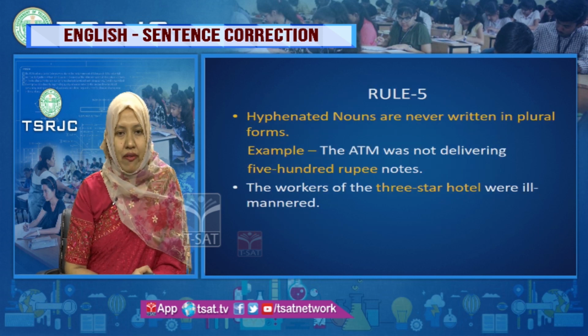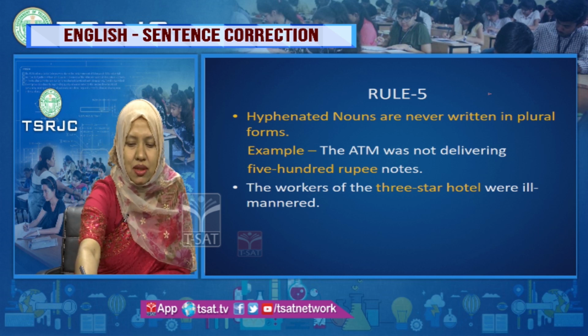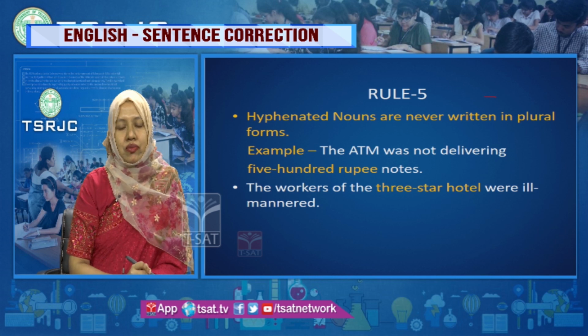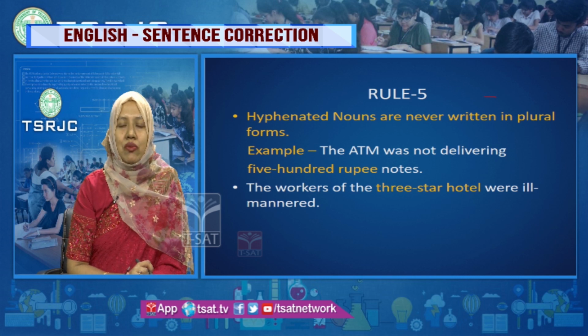Coming to rule 5. Hyphenated nouns are never written in plural forms. Now, remember, a hyphen means a small dash between two words. Let us take an example. The ATM was not delivering 500-rupee notes.